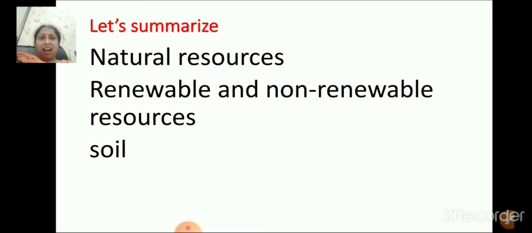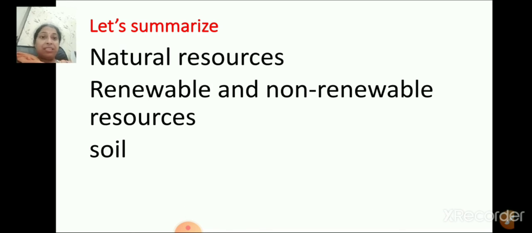Some of these are air, water, soil, forests, animals and minerals. They are known as natural resources. And we use these natural resources in our daily lives.